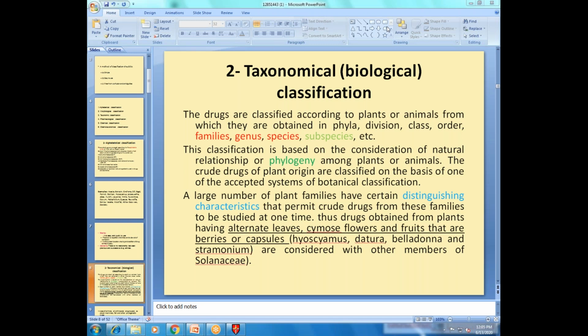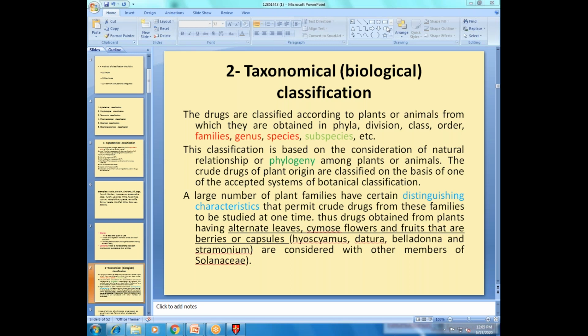So Solanaceae will have drooping flowers and a group of fruits. Apart from this, it will have the same kind of tropane alkaloids. So this is what we call taxonomical classification. A large number of plant families which have distinguishing characteristics will be grouped under one, which we call a taxon.